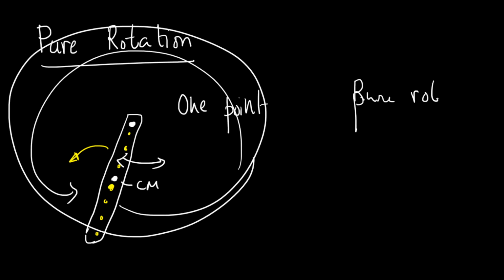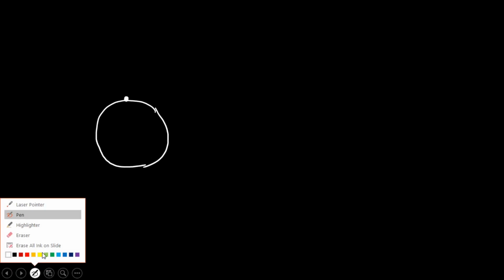I used a scale, but you could rotate any object. For example, a hoop. You could fix this point here, and then about this point you can rotate it, and rotate it, and rotate it.